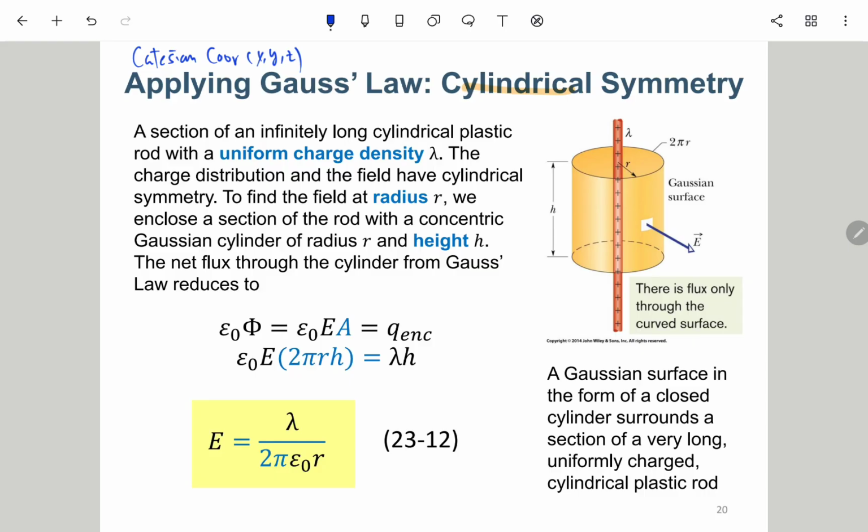The other one will be the spherical coordinate, which is like r, theta, phi. And then this one is the cylindrical coordinate, which will be r, theta, and z.